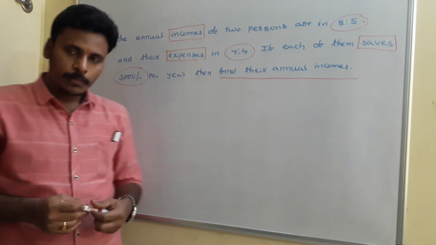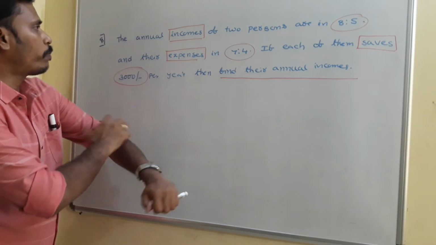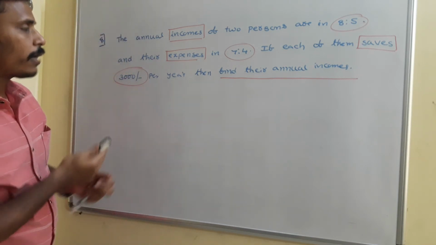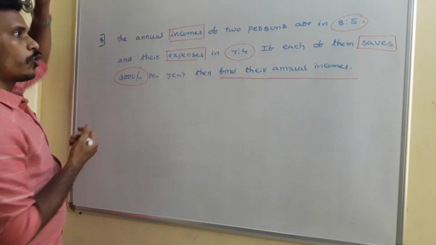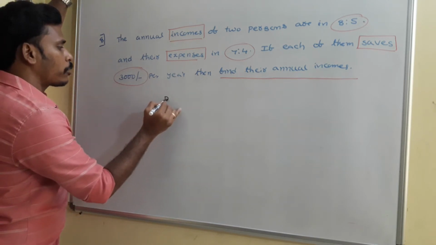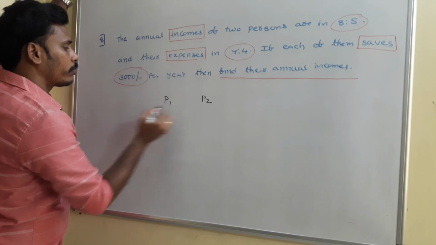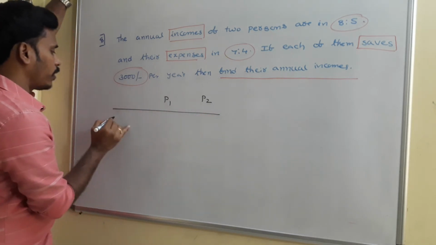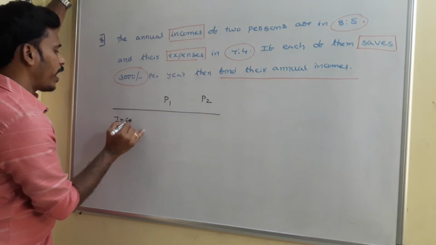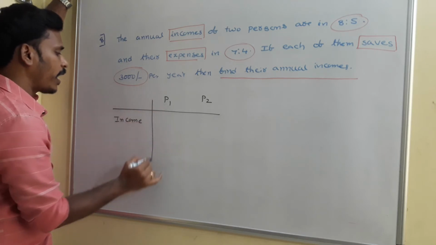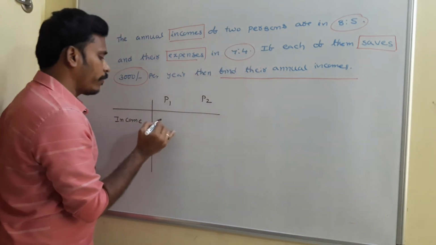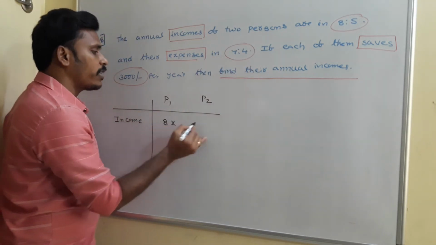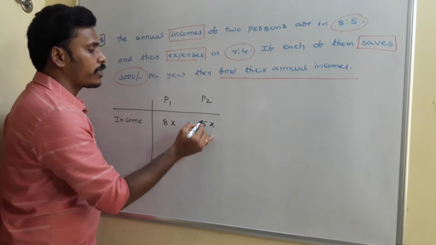First of all, there are two persons and their incomes are in the ratio 8:5. Let them be person 1 and person 2. I don't know the incomes, but they are in the ratio 8:5. So if the income of the first person is 8x, then the income of the second person is 5x.